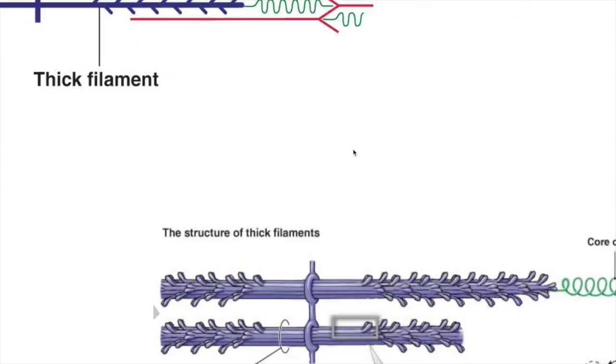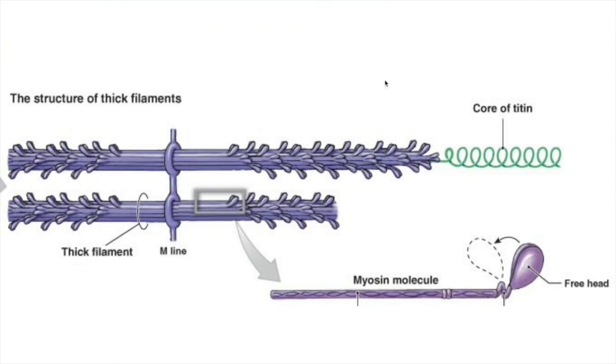Then if we look closer at a thick filament, we see that they have a core of titin. It's a very strong protein, and it prevents the muscle from being overstretched. The thick filaments are composed mainly of myosin molecules. Here's one myosin molecule down here. They have a tail, and then they have two globular heads.